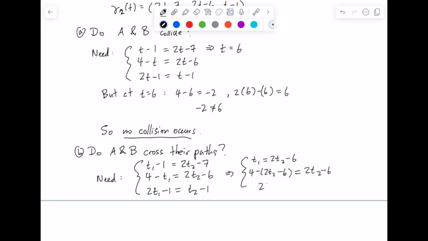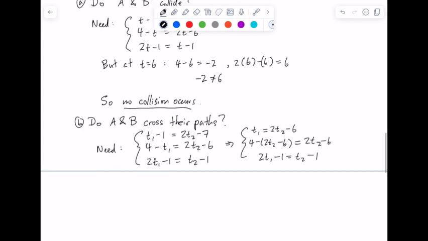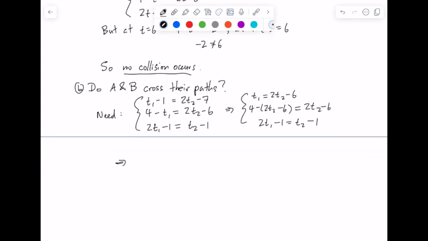And we'll leave the third equation where it is. And so these together get you T1 is equal to 2 and T2 is equal to 4. So these satisfy the first two equations.